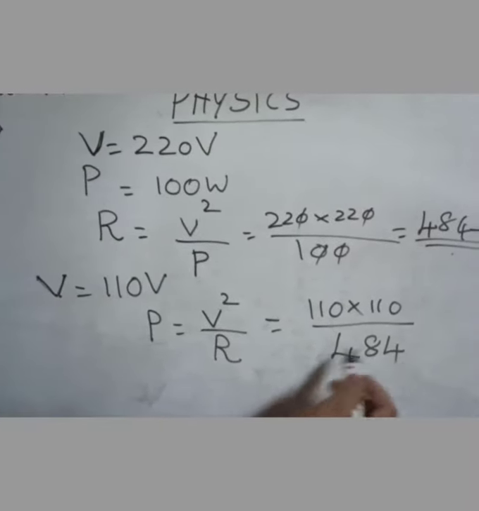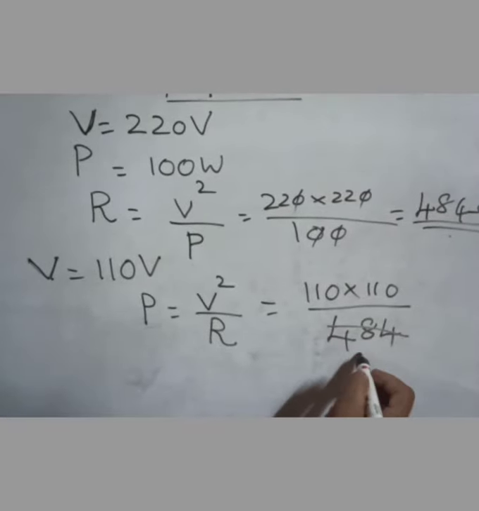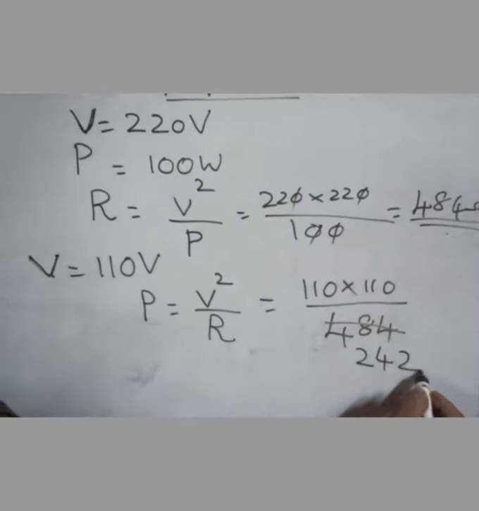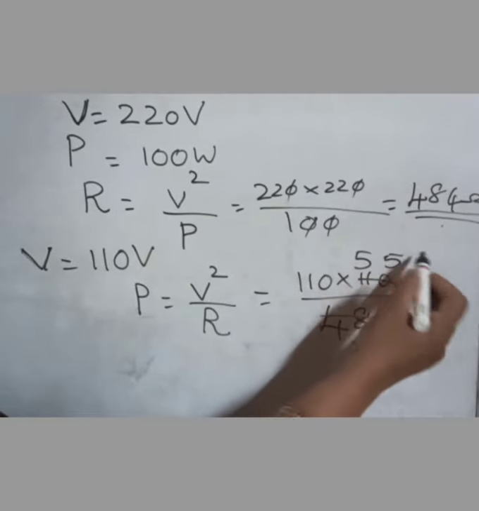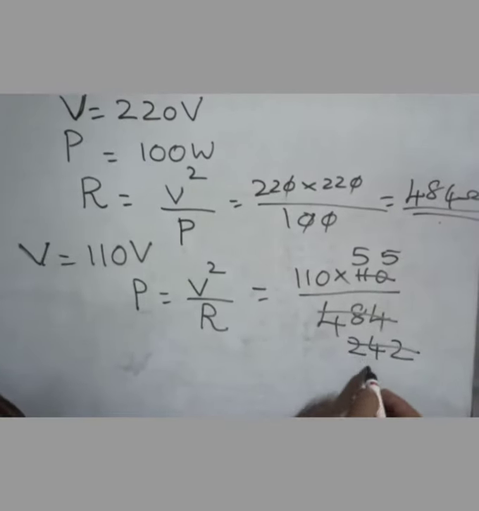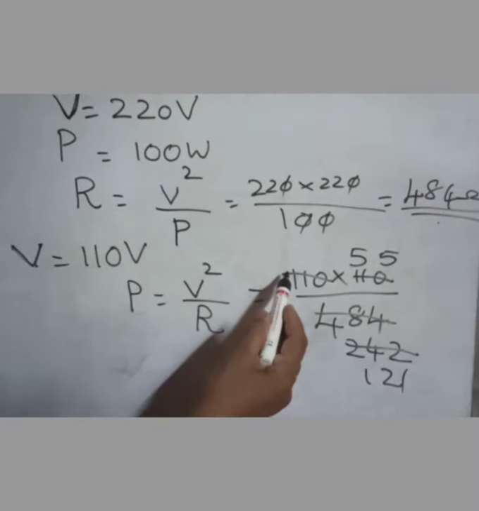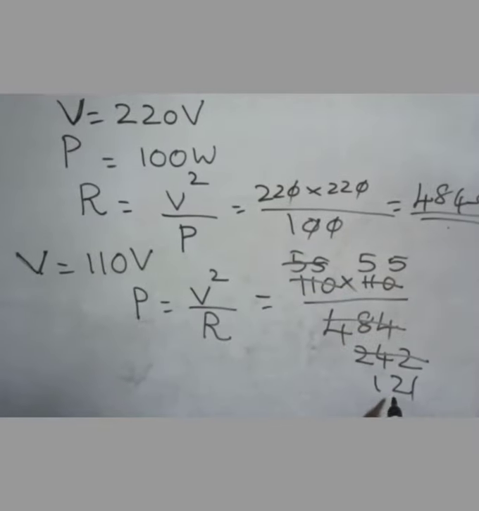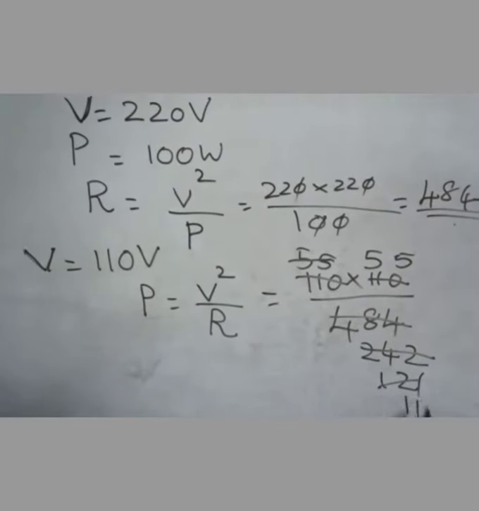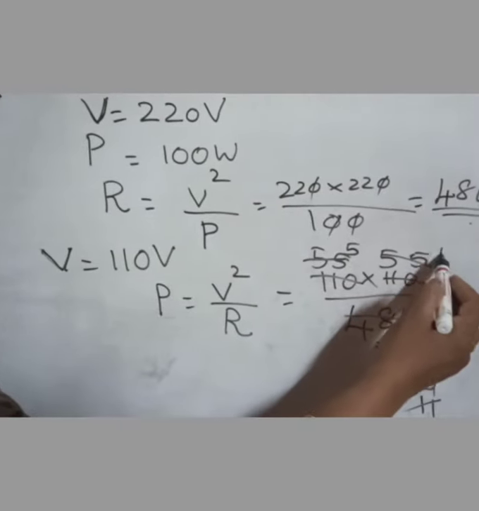Okay. So here you can cut with 2. 2, 4, 2. Here 5 into 2, 10, 55. Again 2, 1, 2, 1. Here 55. Here 11 into 11, 121. 11 into 5, 55. Here 11, 55 will cancel.